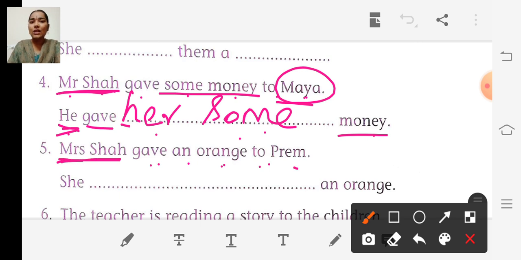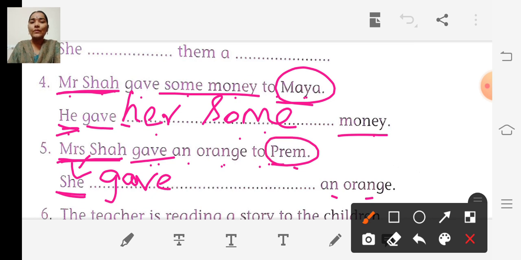So Mrs. Shah is a female. So they have written she. Instead of Mrs. Shah, they have written she. She gave an orange. So we have to write gave. She gave to whom?